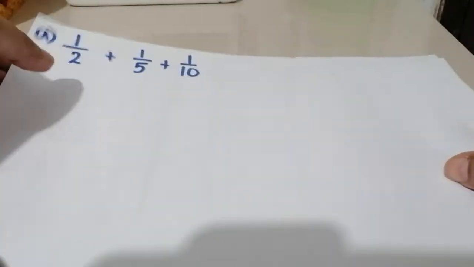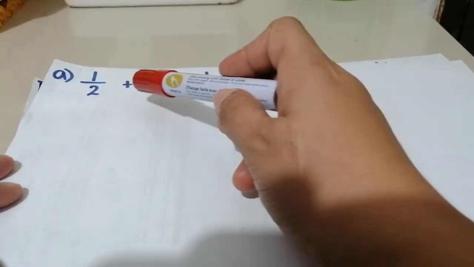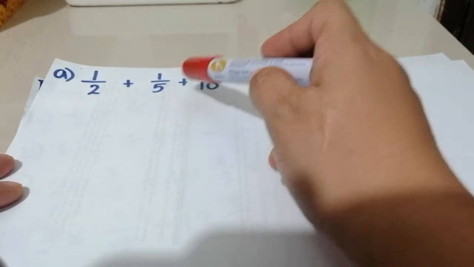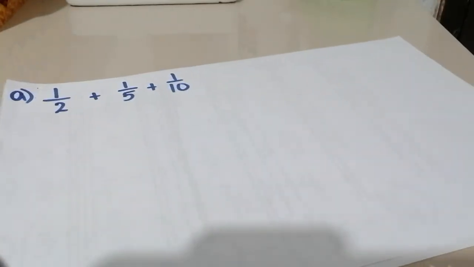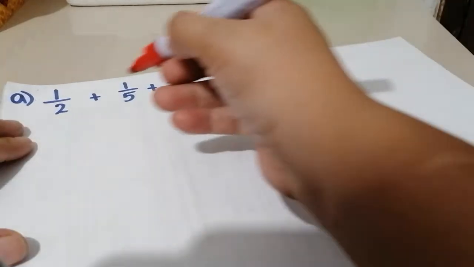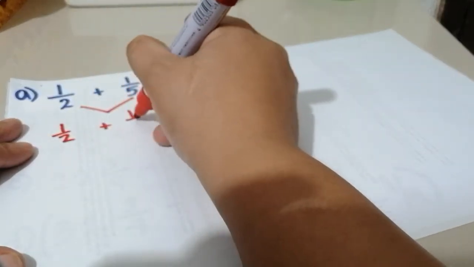Okay? So, we will start with 1/2 plus 1/5 plus 1/10. As I said earlier, we will do the first two operations first, and that is 1/2 and 1/5. So, let us rewrite it here, 1/2 plus 1/5.